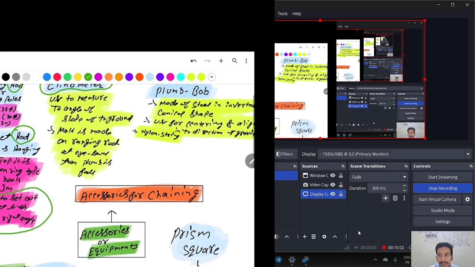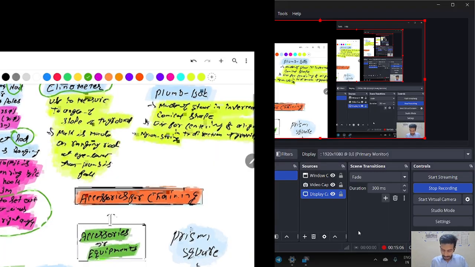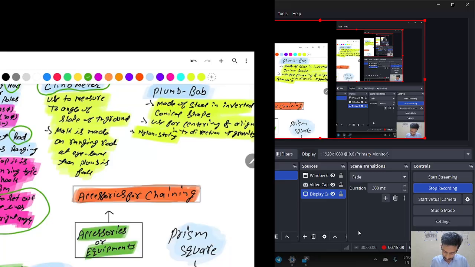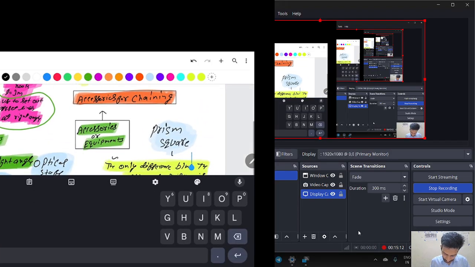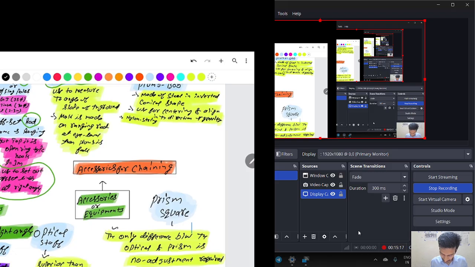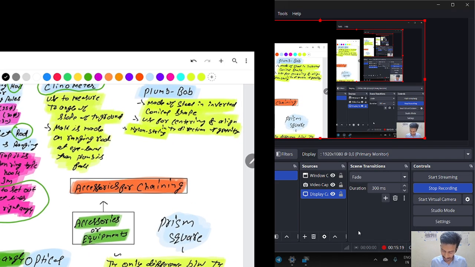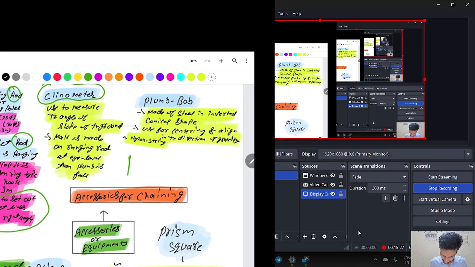A mark is made on the ranging rod at eye level. Here is a ranging rod.